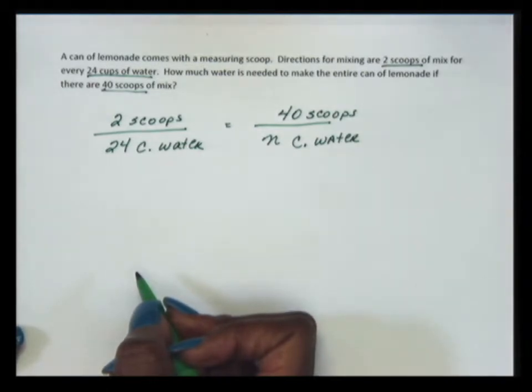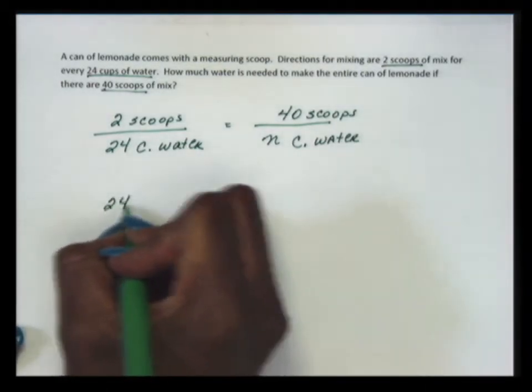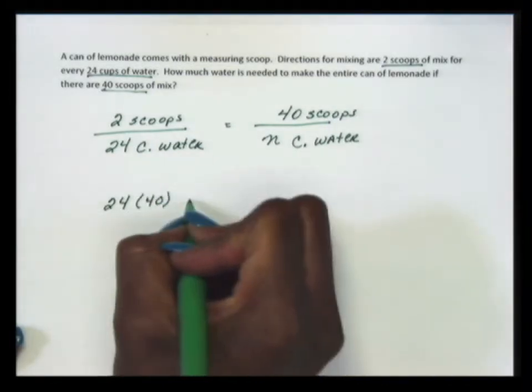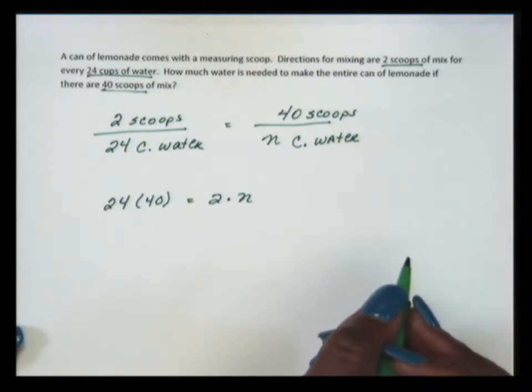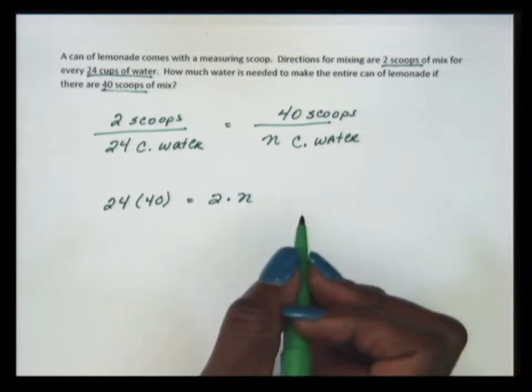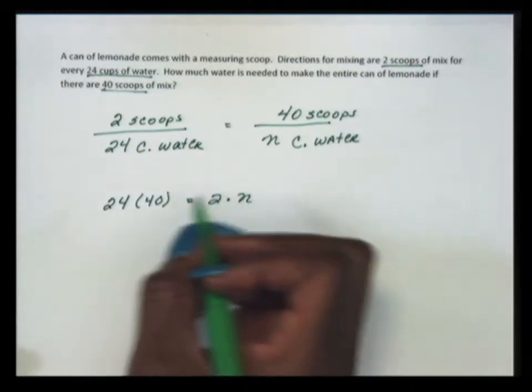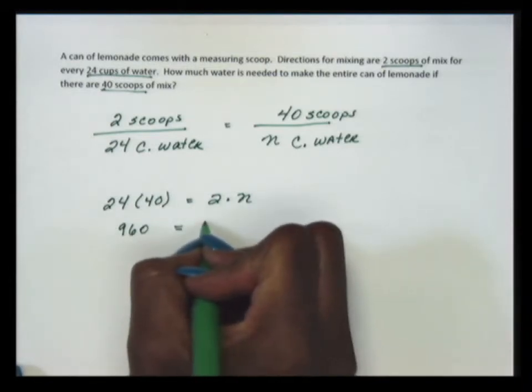Once the proportion is set up, we'll cross multiply again. We have 24 times 40 equals 2 times n. 24 times 40 will give us 960 equal to 2n.